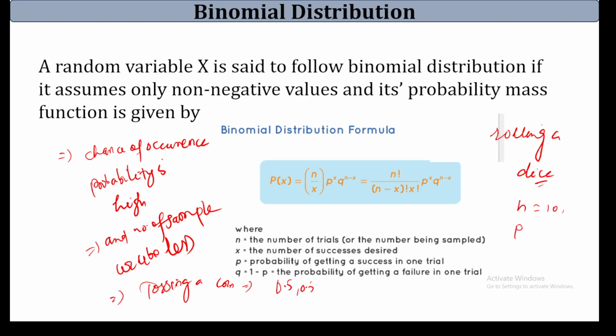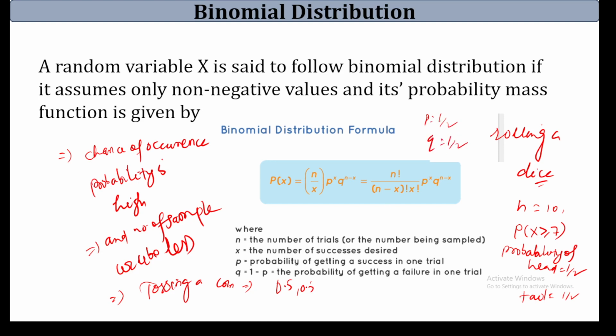That means 7, 8, 9 or 10 times. The probability of getting head is 1 by 2 and tail is 1 by 2, so P is equal to 1 by 2, Q is equal to 1 by 2.